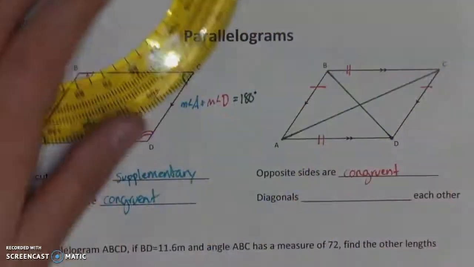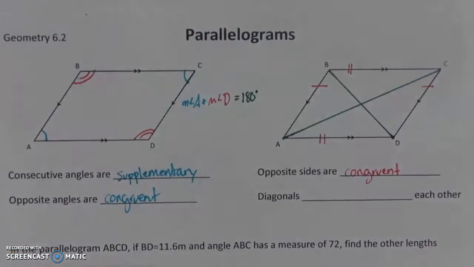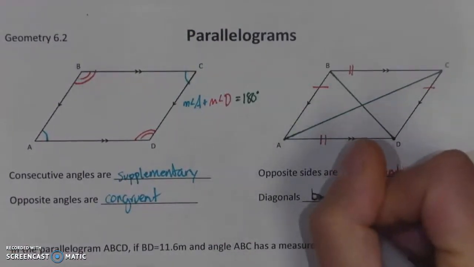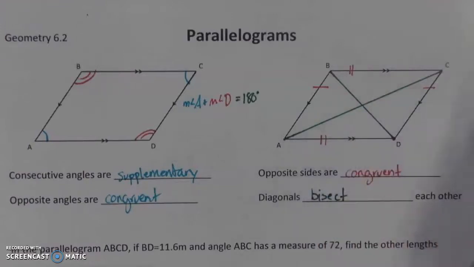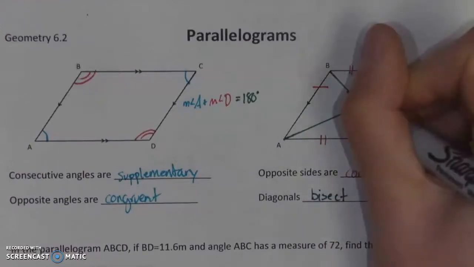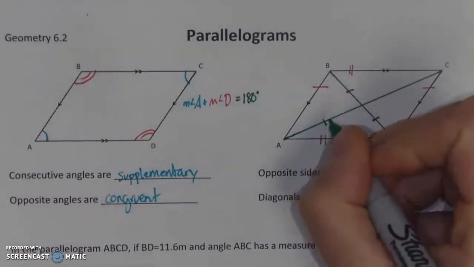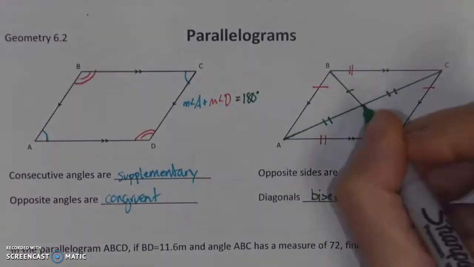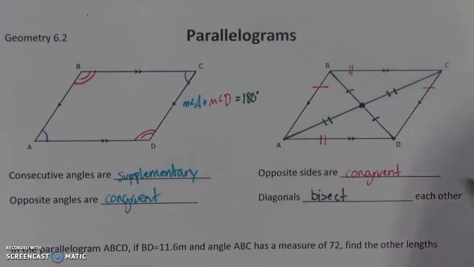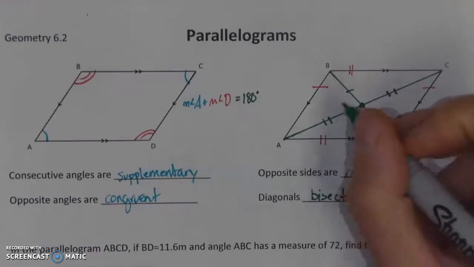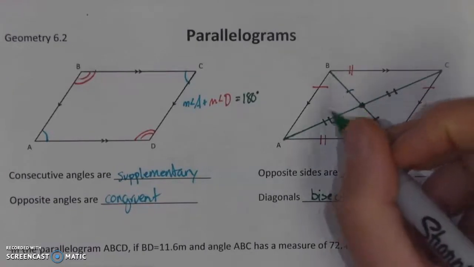And these two diagonals have a special quality, and the special quality is that they bisect each other. So here, these get split into two even pieces, and then AC is going to, of course, get split into two equal pieces because they're going to meet at the midpoint. They're bisecting each other.